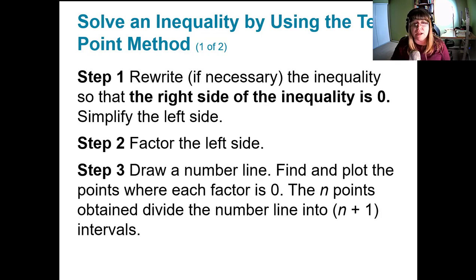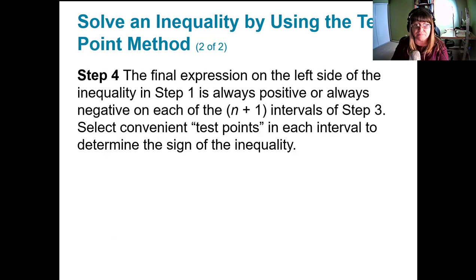Third, you're going to draw a number line and plot the points where each factor is 0. The endpoints obtained divide the number line into n plus 1 regions. So if we factor it and we have x is 3 and x is 5, those are endpoints, but it divides up the number line into 3 different regions.